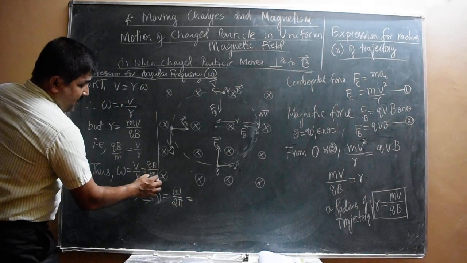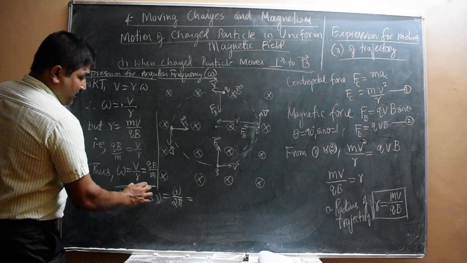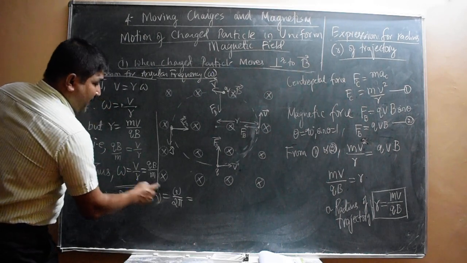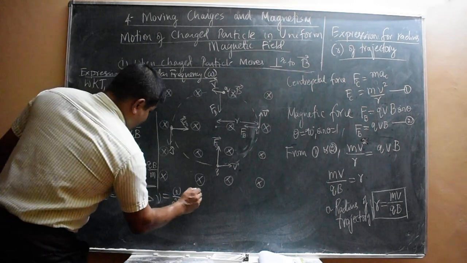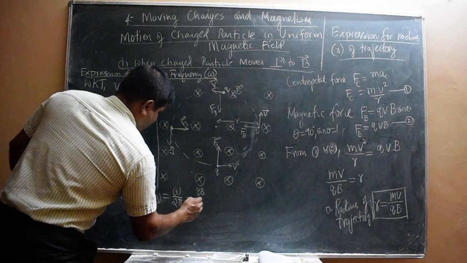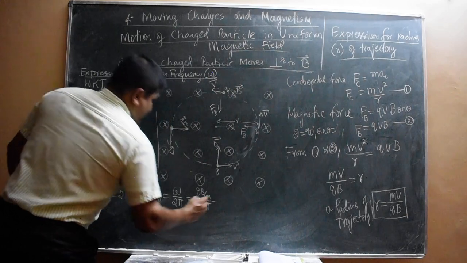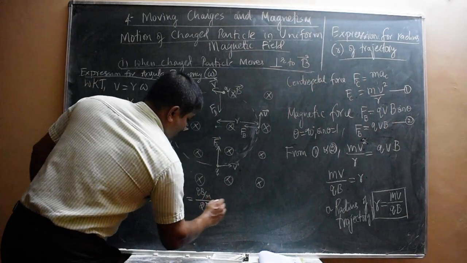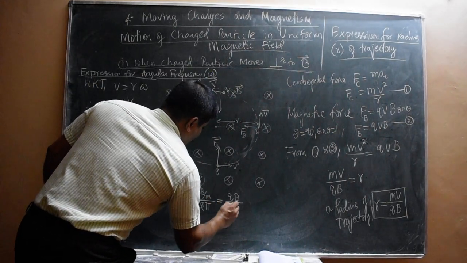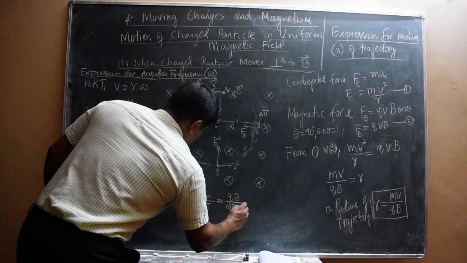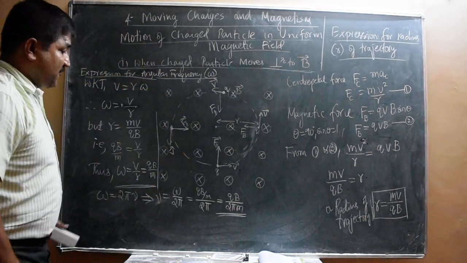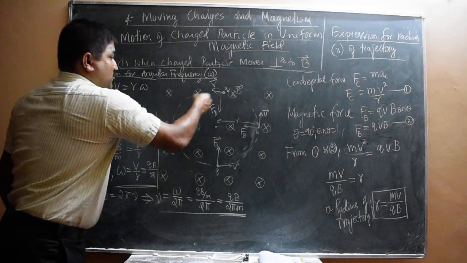That 2 pi goes along with the m. So I get qB by 2 pi m. This is the expression for the frequency of revolution.